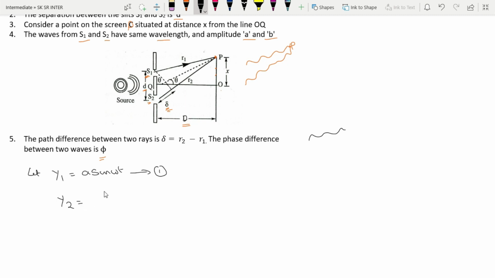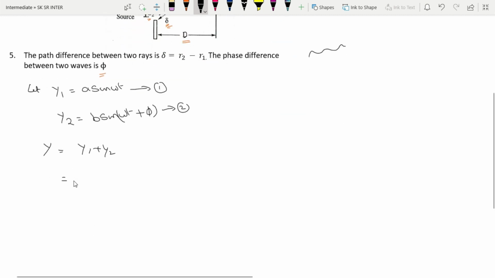And y2, the second wave, is equal to b sin(omega t + phi), because there is a small phase difference between these two rays. So the total displacement y = y1 + y2, that is, y = a sin omega t + b sin(omega t + phi).